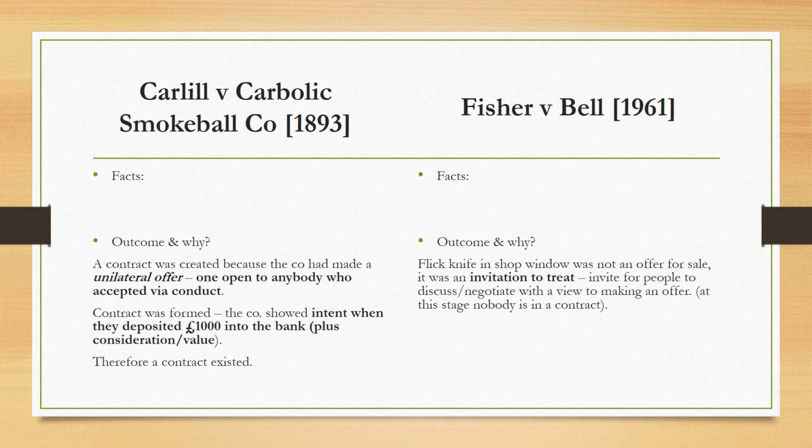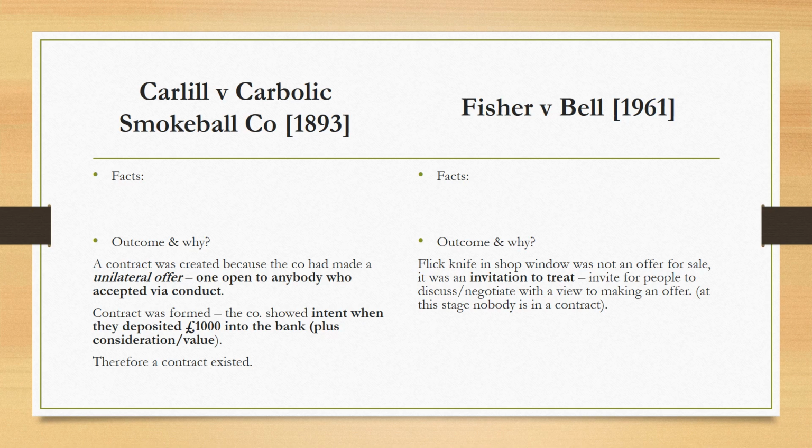So Mrs. Carlisle bought this smoke ball and she used the smoke ball as directed, but she still caught the flu. So this company, in their advert, as we often see nowadays, said that they would promise a reward for anybody who bought the smoke ball and it didn't work for them.